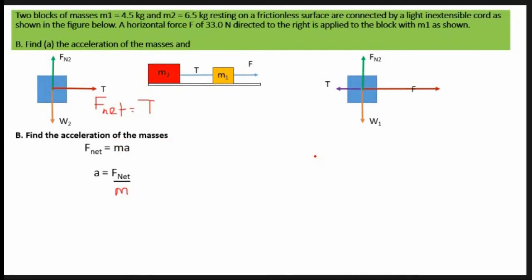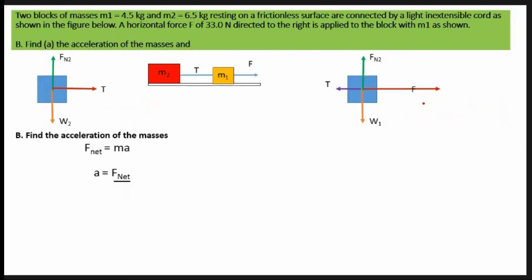How about here? The net force here would be the applied force F, which is positive, minus the tension force. But we don't know yet the tension force, so we cannot use this one either.